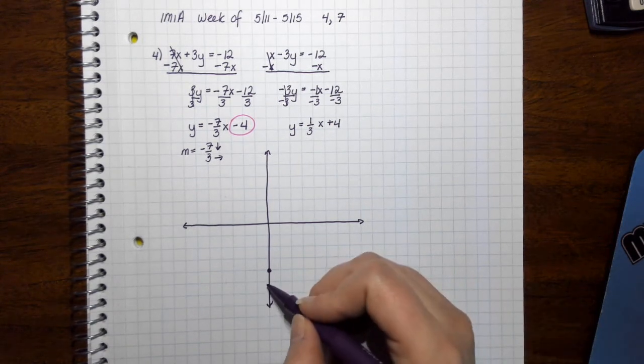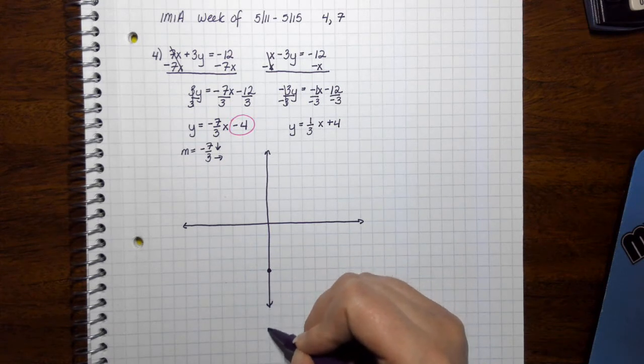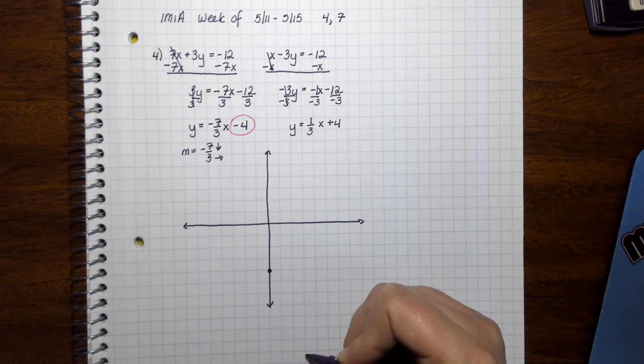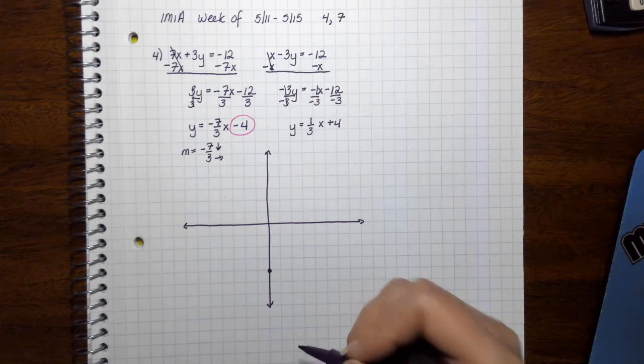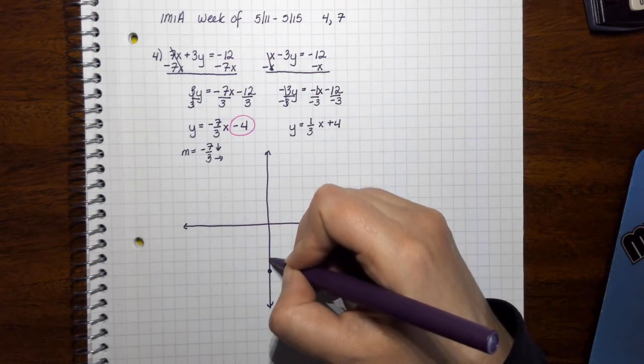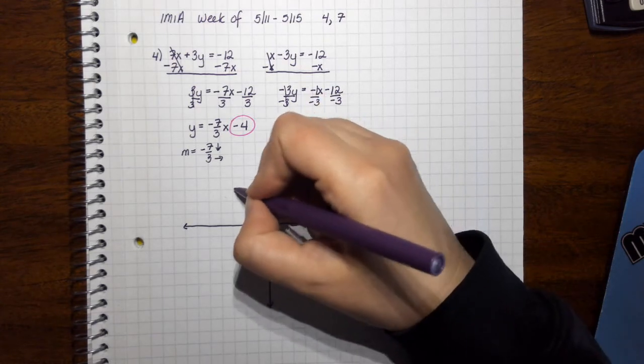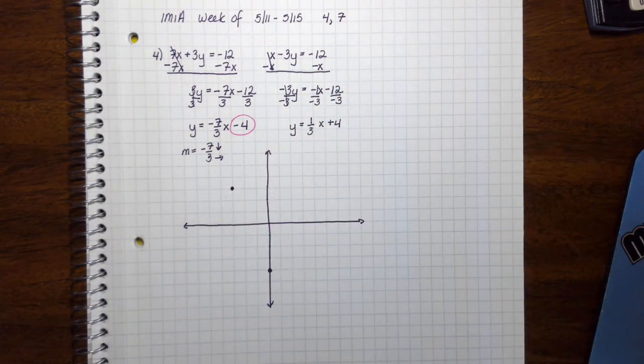So when I go down 7, 1, 2, 3, 4, 5, 6, 7, 1, 2, 3, notice it's probably going off the graph on your page. Instead of going down 7, right 3, then what I'm going to do is the opposite of both. Up 7, left 3. Perfect.